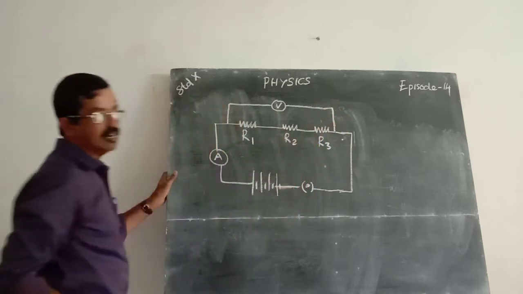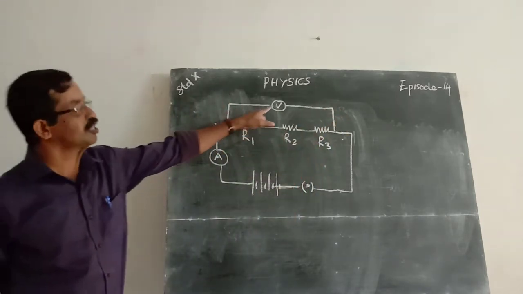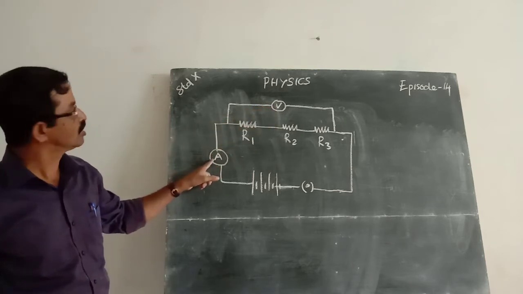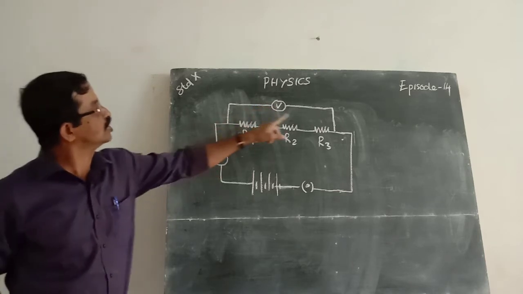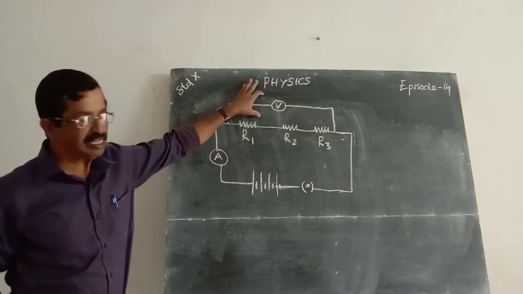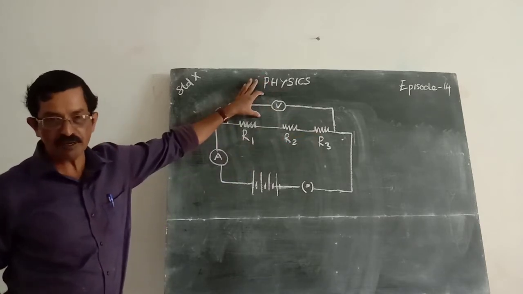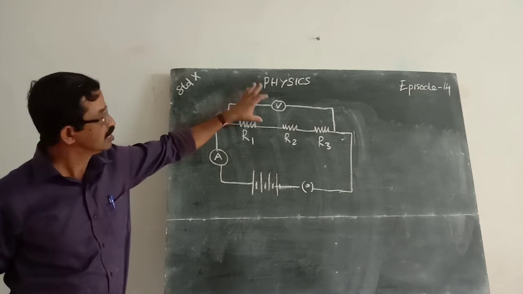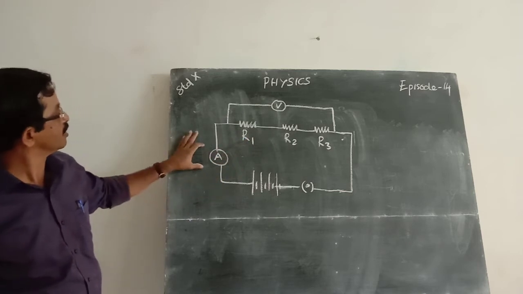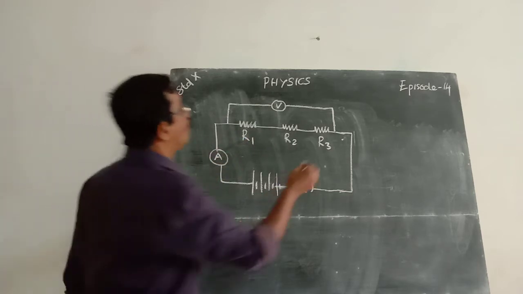Now this voltmeter shows potential difference across these resistors. From this voltmeter we get potential difference across the resistors.